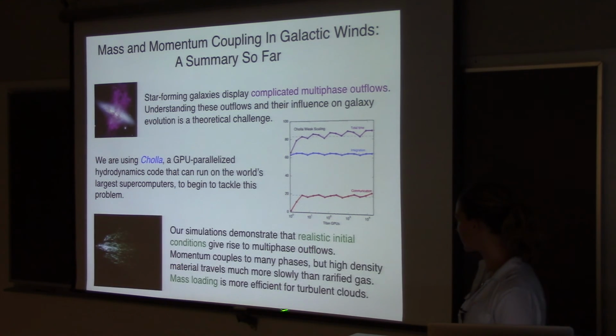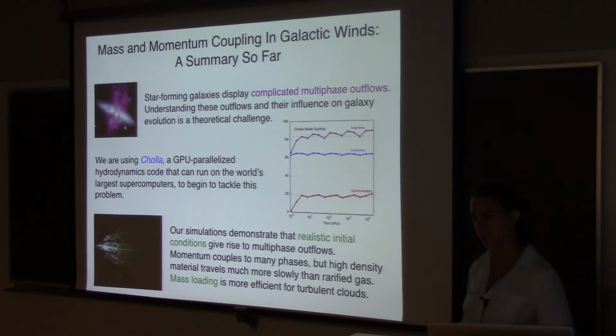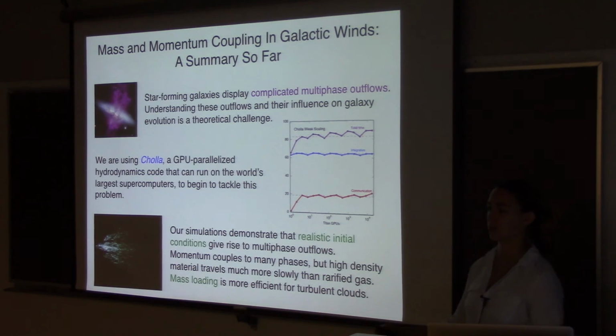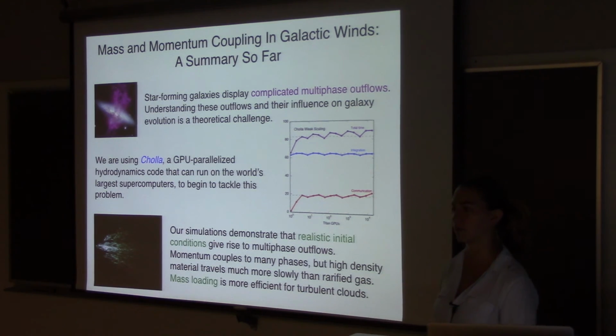The simulations I've been talking about today demonstrate that the initial conditions of these problems are very important, and that you get this momentum coupling to many phases, but your high density material is not moving very quickly. And so this mass loading, as we've just alluded to, may have important implications for the way that the winds evolve.